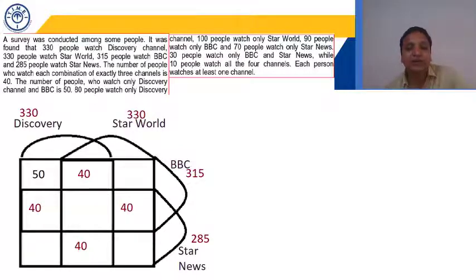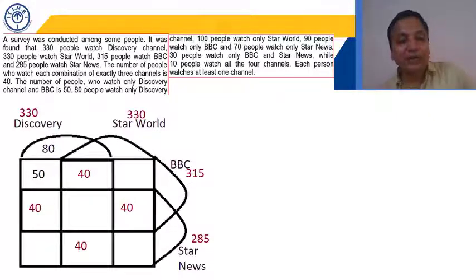So 50 comes here. This region is inside Discovery and inside BBC, but outside Star World and outside Star News. 80 people watch only Discovery Channel. So 80 comes here. They are outside the other 3: Star World, BBC and Star News.